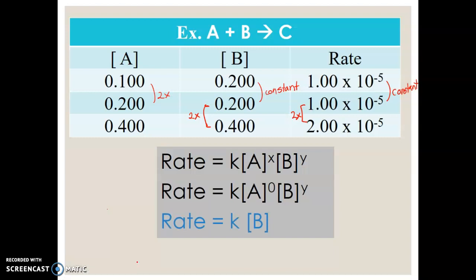So because A has no effect on the rate law, because of that, we can remove it from the rate law equation.